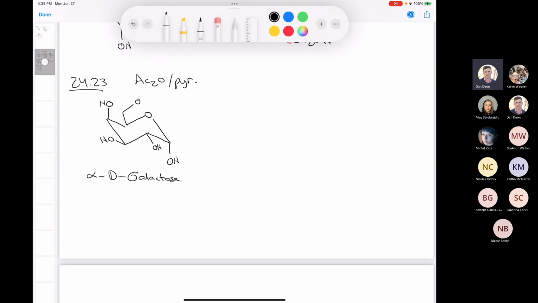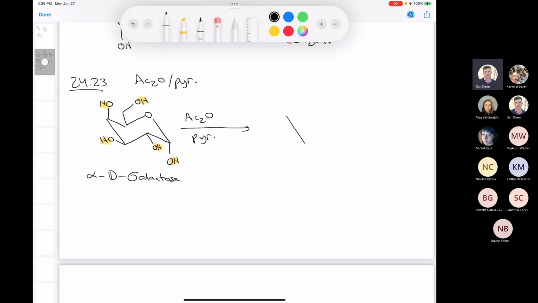So this is alpha-D-galactose. What I'm going to do is treat it with acetic anhydride and pyridine. Acetic anhydride just works as an acetylating agent, so it adds acetyl groups to every single hydroxyl. 1, 2, 3, 4, 5. You put an acetyl group on all of those.